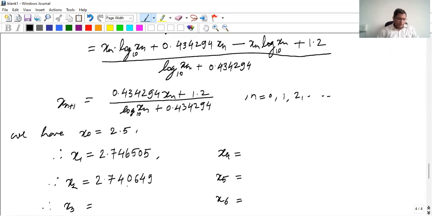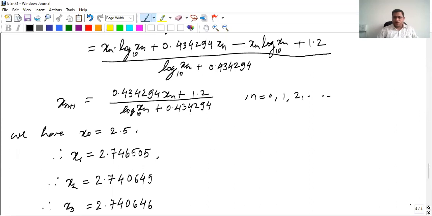So this is the second approximation we got. Now we have to use this. The third approximation we got as 2.74064, and we got here 646, right? So you can see we do not even need further approximations.